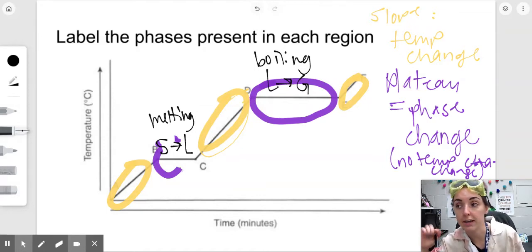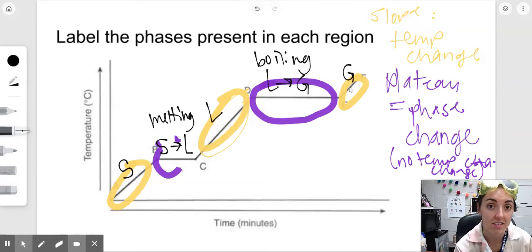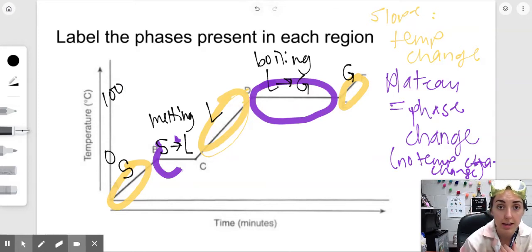So I see the full thing here. All of these here, this is a temperature change on the yellow. So here then it's just a solid, it's just a liquid, and it's just a gas. No phase change. So when that solid, let's say this is water, right? Be 0 and 100 if this is water. So you have this ice, and the ice is heating up, heating up, heating up.